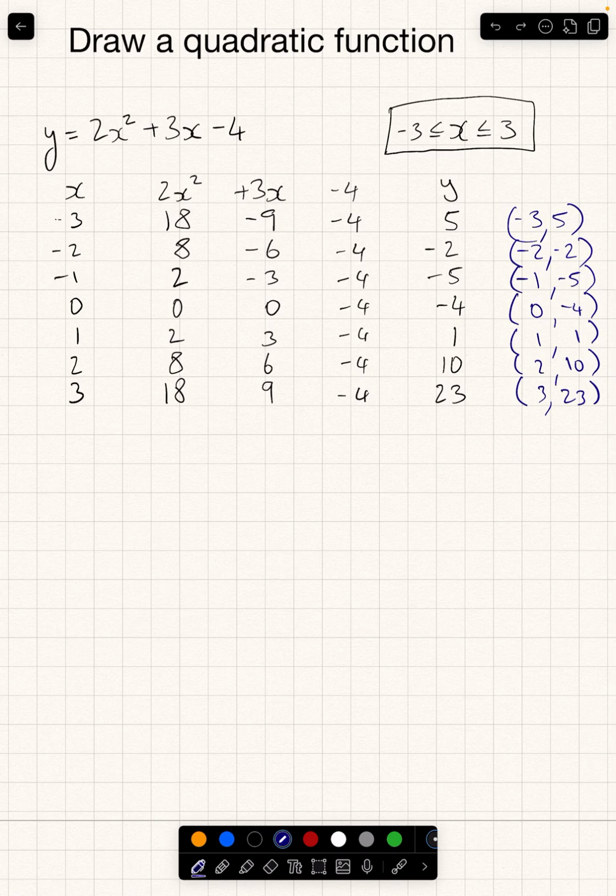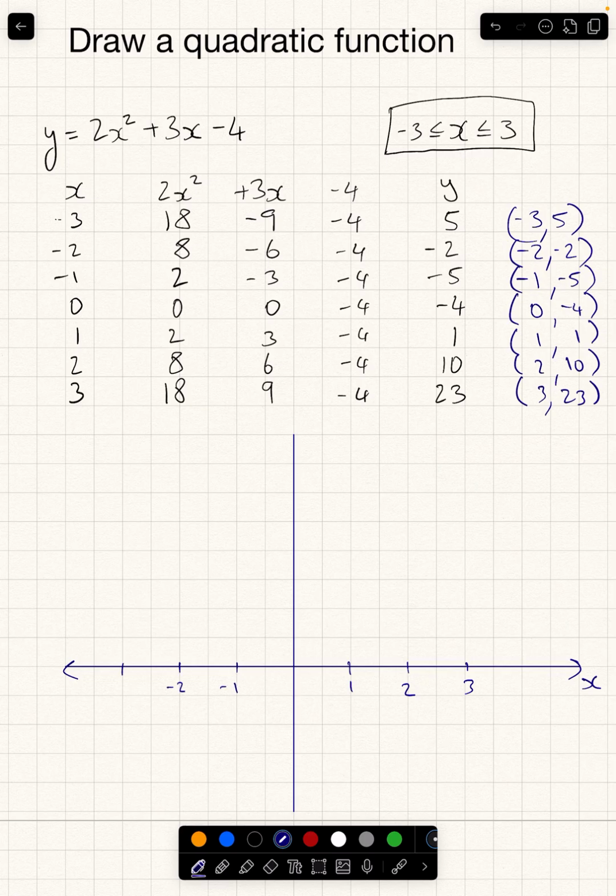So I'm going to go quite low with the x-axis. And here's my y-axis. So we could say 1, 2, 3. 1, 2, 3. Minus 1, minus 2, minus 3. Minus 1, minus 2, minus 3. And then on our y-axis we need to go as high as 23.